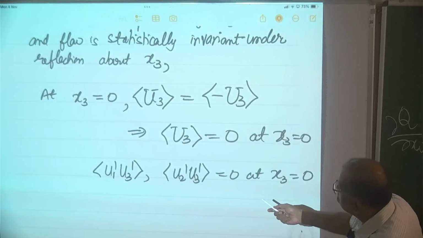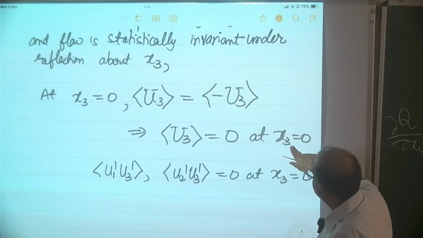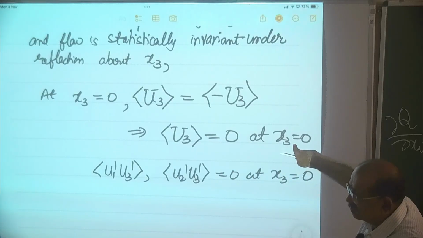Now, because the flow is two-dimensional, these statistics will not depend on x3.